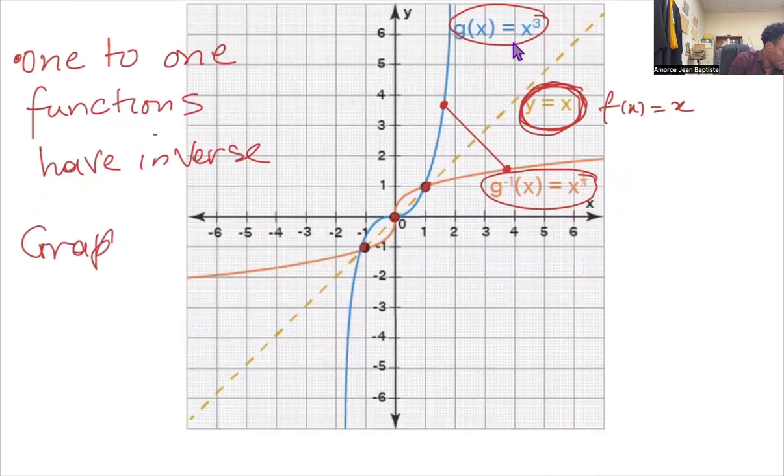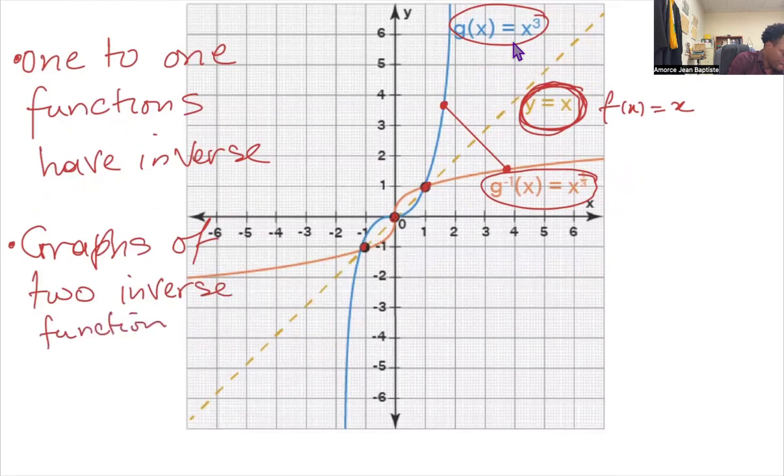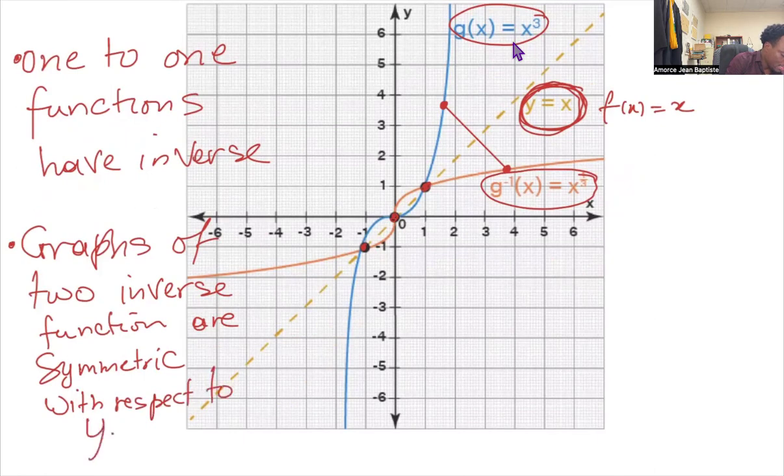Graphs of two inverse functions are symmetric with respect to y equals x and meet or intersect on this line.